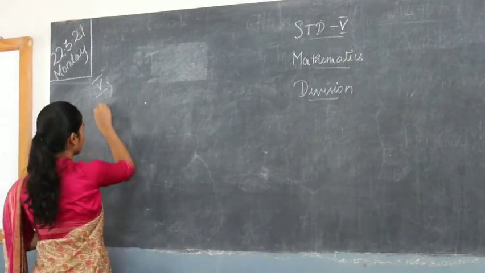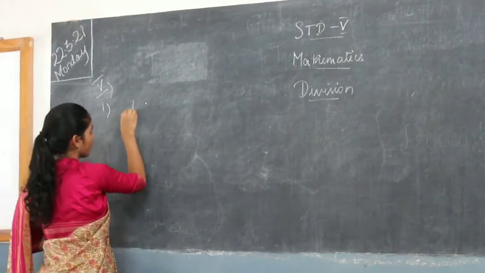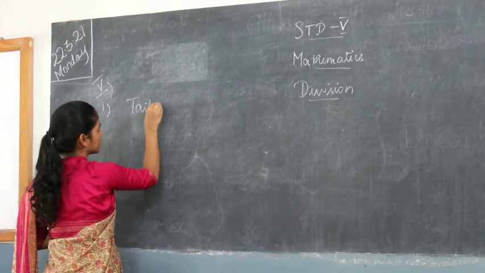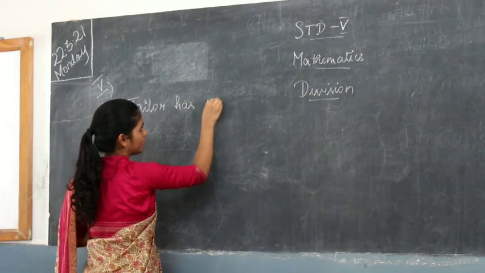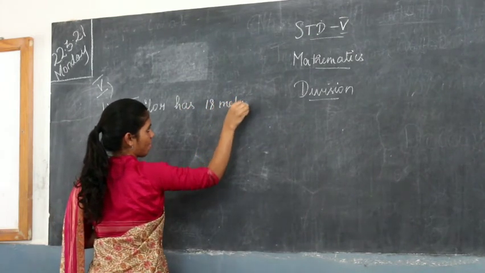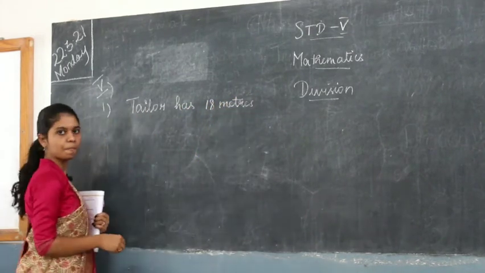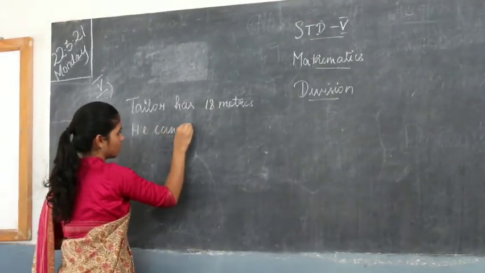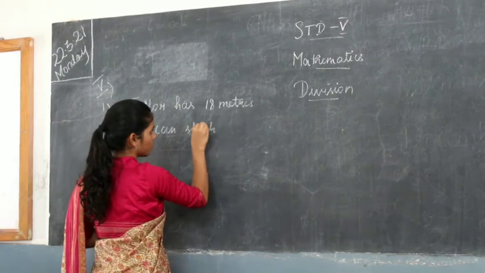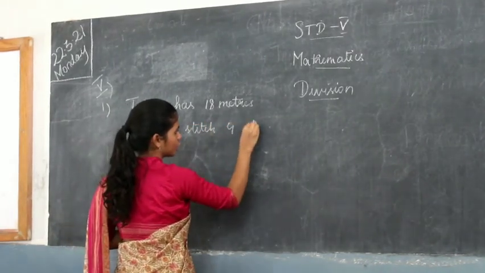So first, the tailor has 18 meters and he can stitch 9 shirts.